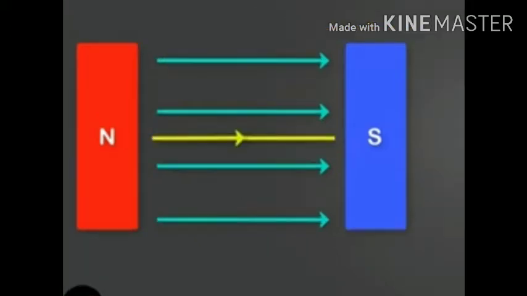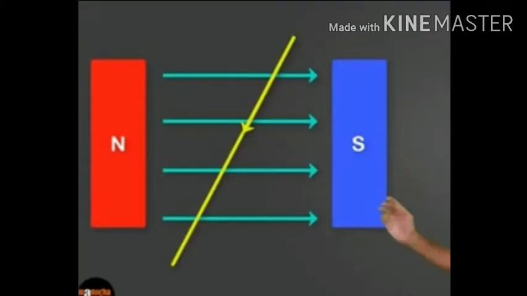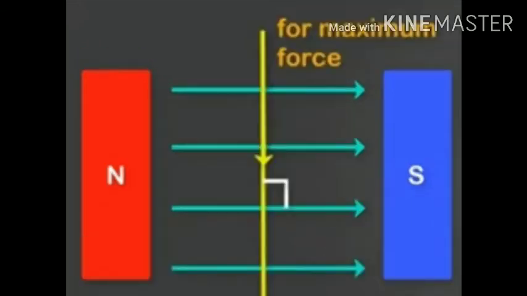When the conductor is placed along the magnetic field, that is, parallel to the magnetic field, then the force on the conductor is 0. And if a current carrying conductor is placed at an angle to the magnetic field, it will experience a force. But to get the maximum force, the conductor should be placed perpendicular to the magnetic field.